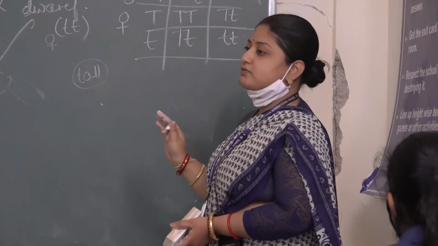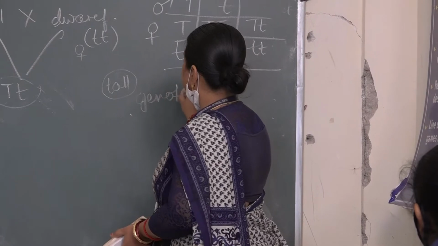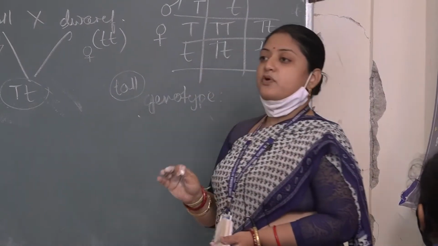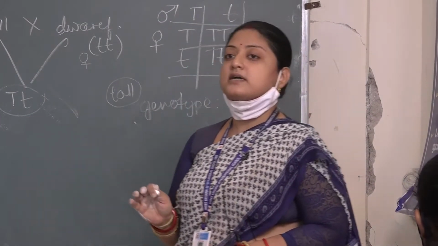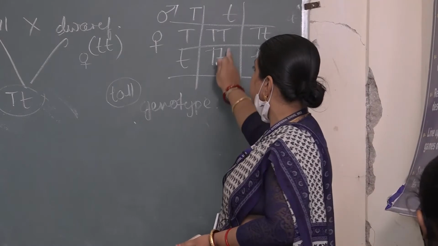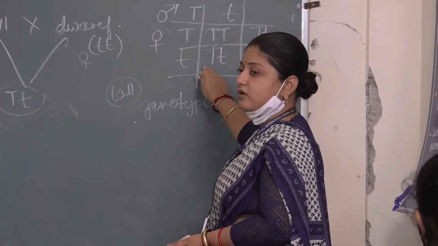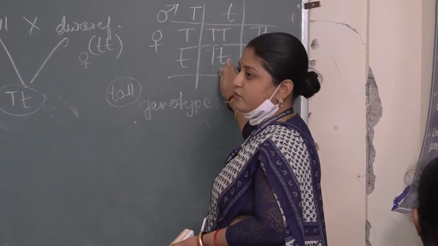From this Punnett square, the genotypic ratio: what do we mean by genotype? Genotype constitutes both the alleles of a single gene. It shows what the genotype of this gamete is; it contains both the tall allele and the dwarf allele.